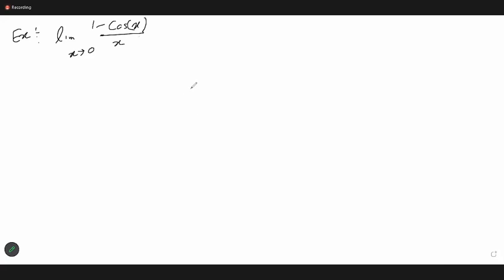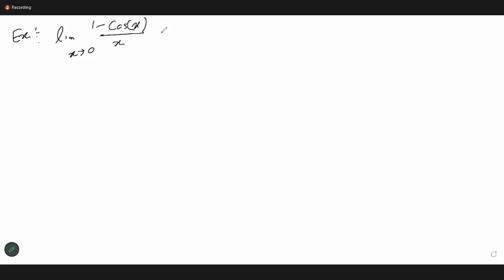Do you have some other methods also? Yes, as you said, you can try to take the conjugate and see if there are any factors to simplify. But here, even if you use the conjugate, you cannot find the factors. But now we are dealing with a trig function. In trigonometry, you have some identities for the sine function and cosine function.